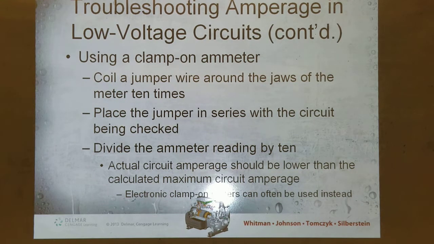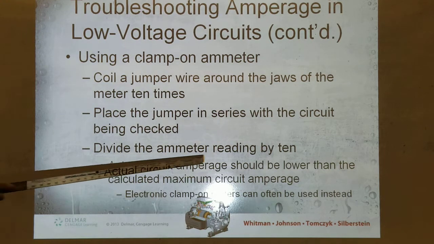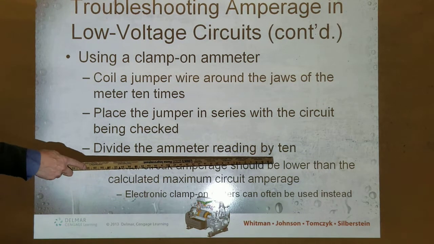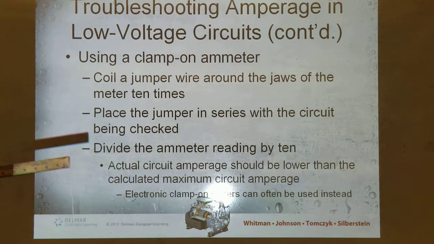If it says 10 times, divide the reading by 10, if you have 10 turns, but really if you have 8 turns, you divide it by 8. So you divide by the turns. And that's gonna give you the 8 times as many or 10 times as many amps as what you're actually reading.